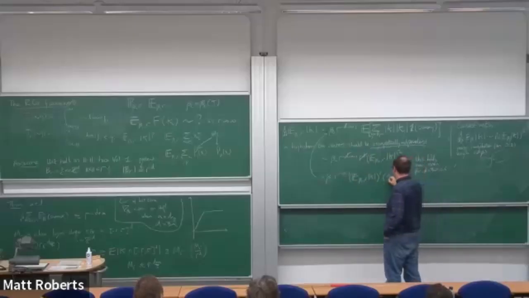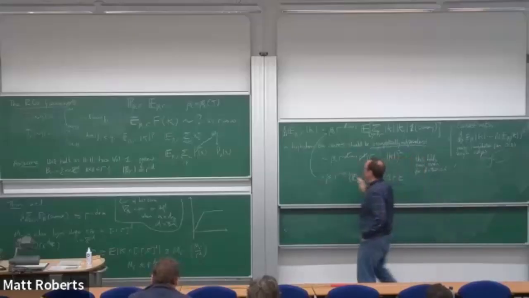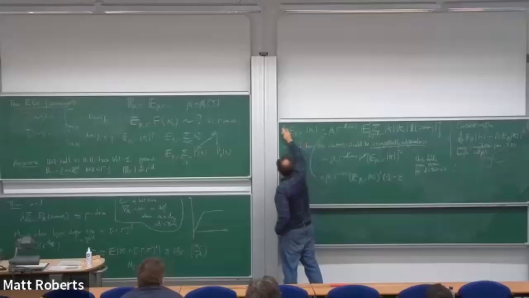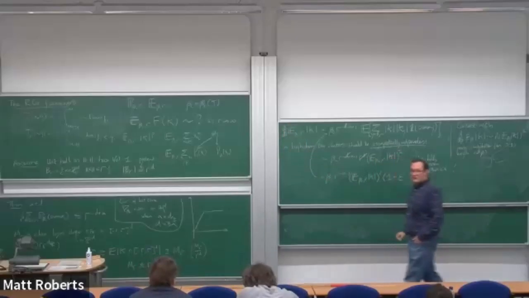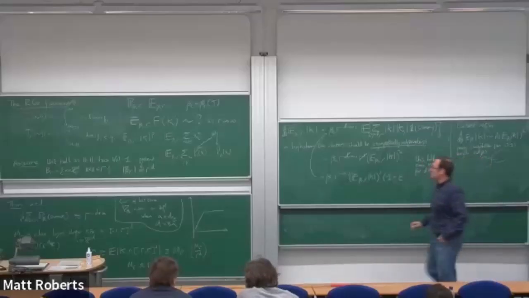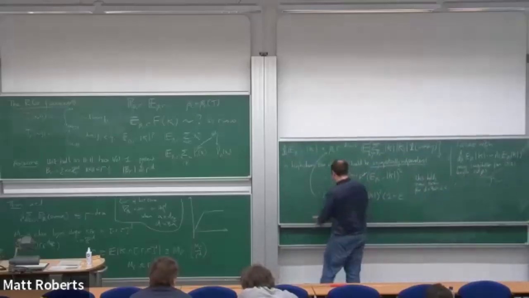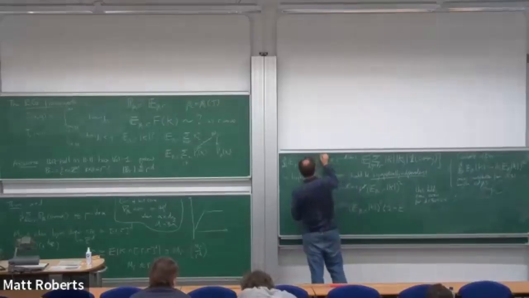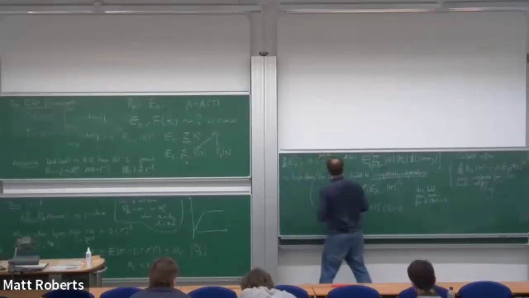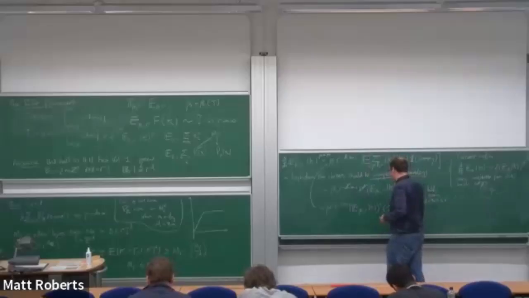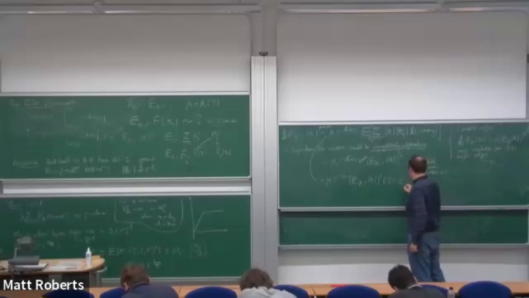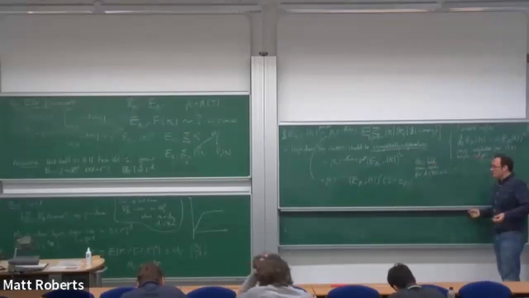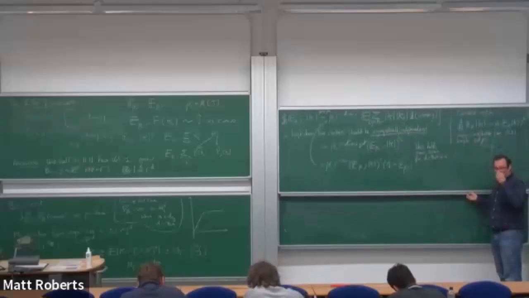So I'll call this, and I'm going to temporarily work with beta that might not be beta c, so I'll say beta is less than or equal to beta c. Okay, certainly I can do that if I want.